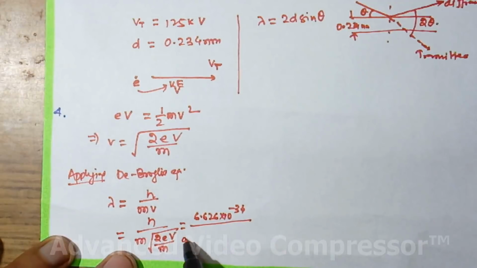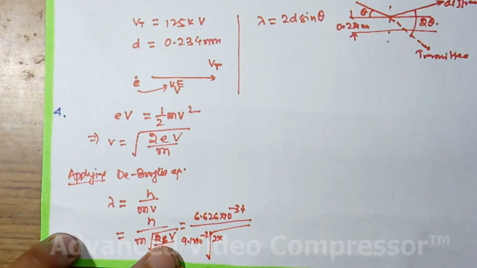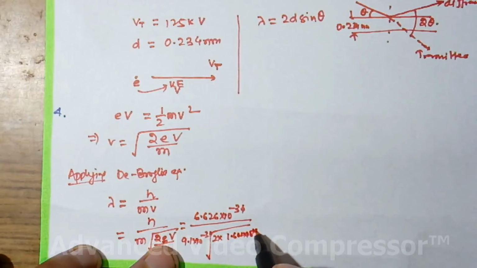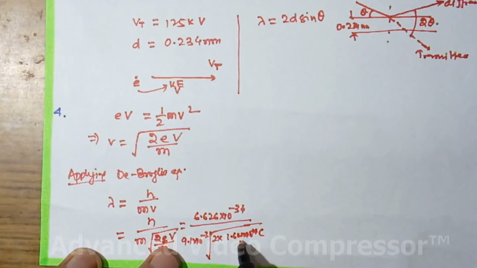Mass of the electron is 9.1 into 10 power minus 31. What is the charge of one electron? 1.6 into 10 power minus 19 coulomb. And V here it is given, 125 kV, that is 125 into 1000, divided by 9.1 into 10 power minus 31.